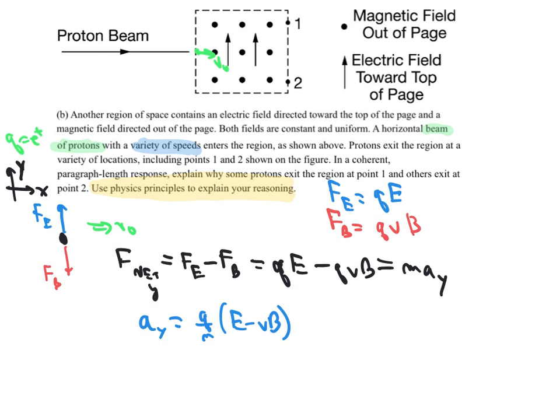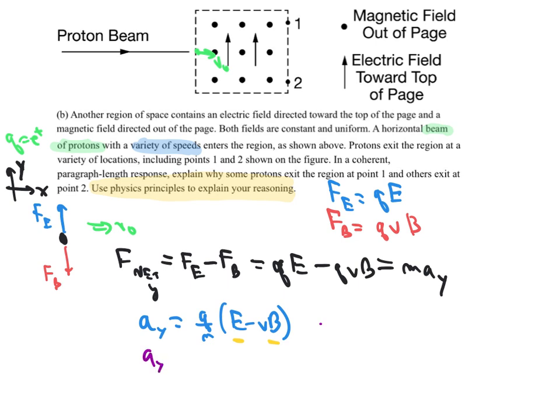These two numbers contain the key. Say we decided we want the acceleration to be positive.